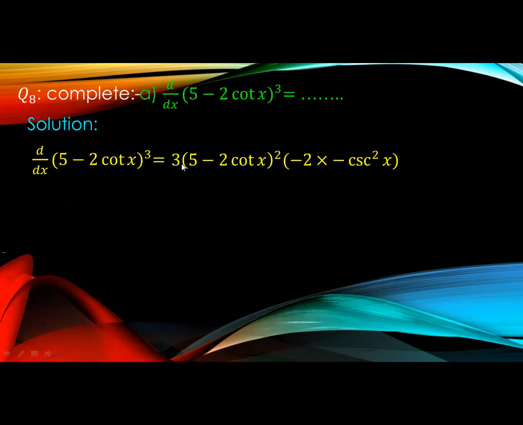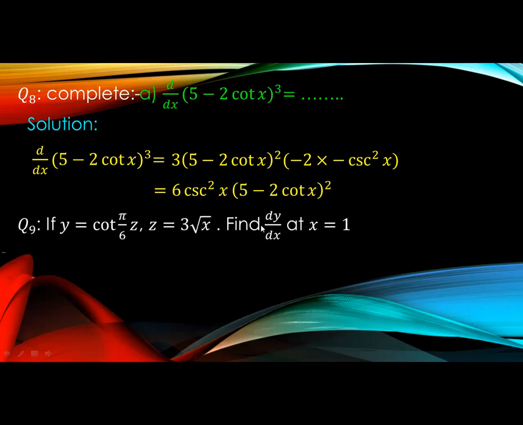So the answer will be 3 times (5 minus 2 cotan x) to the power 2, multiplied by negative 2 times negative cosec squared x. We can simplify this result to become 6 cosec squared x times (5 minus 2 cotan x) all to the power 2.